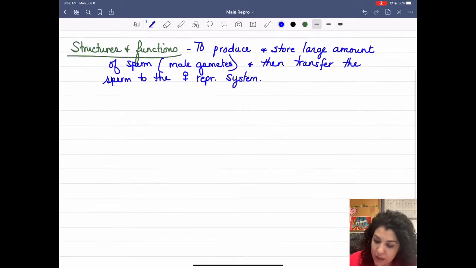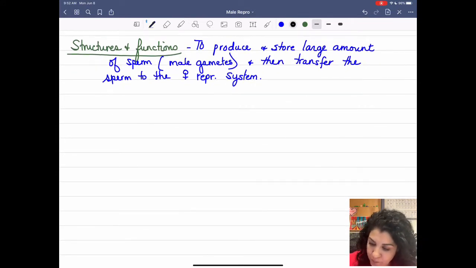Okay, so we're going to start with number 1, and number 1 is going to be the testes, and singular is testis.